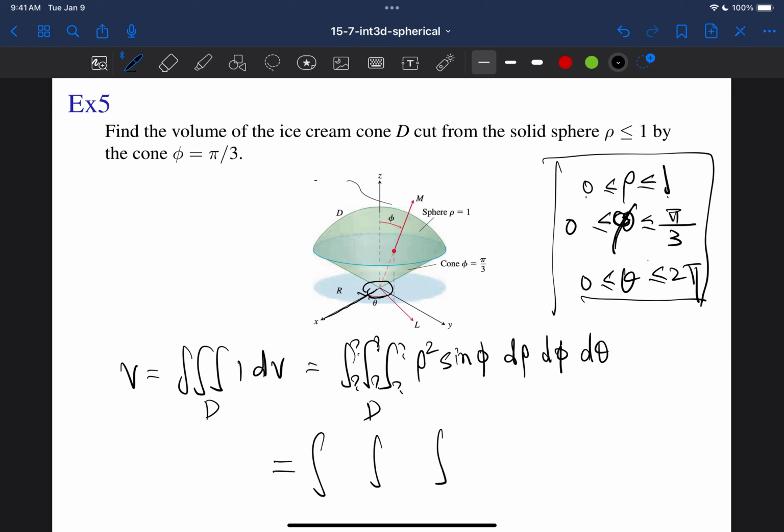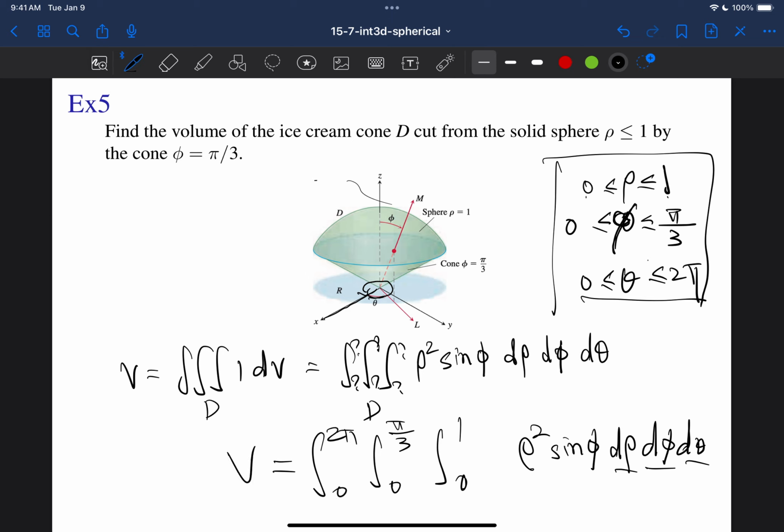So I write this a little bit bigger: rho squared sine phi d rho d phi d theta. For rho, it's the inner integral, and the second layer is from 0 to pi over 3. The third layer, the last one, is 0 to 2 pi. So this is the formula we have to calculate for the volume.